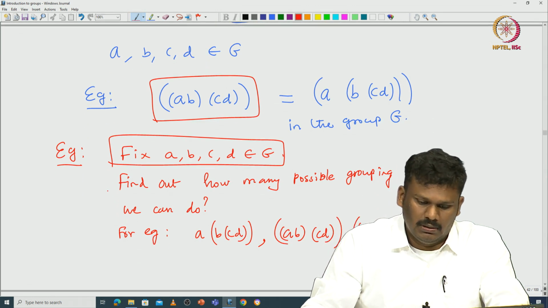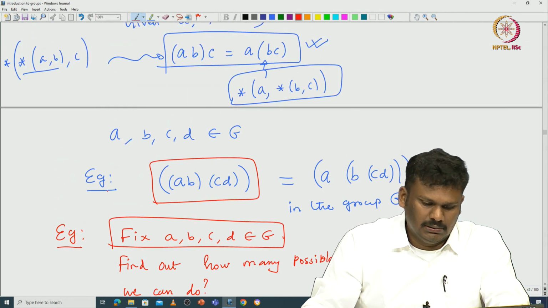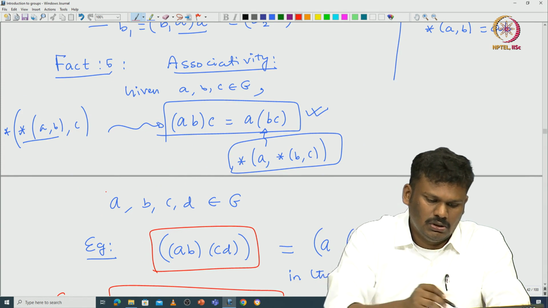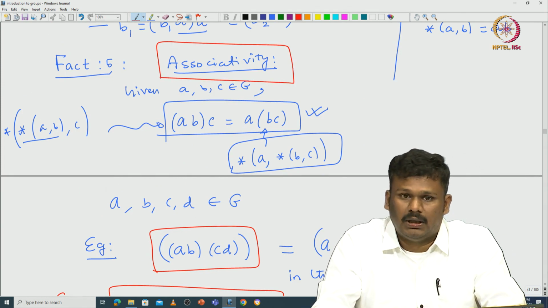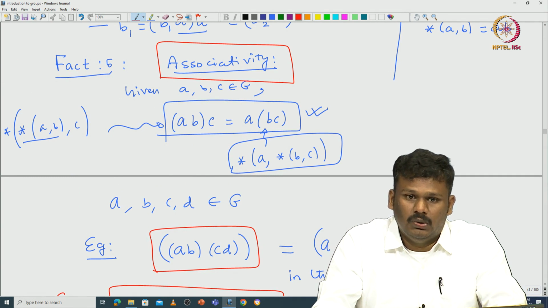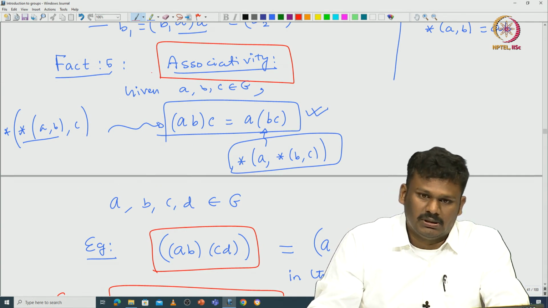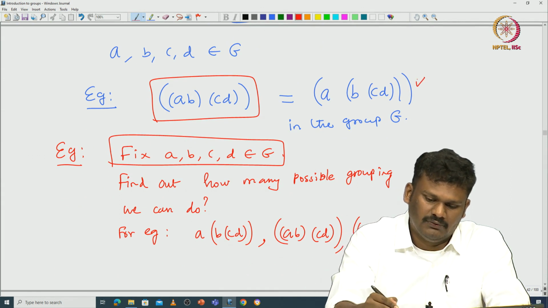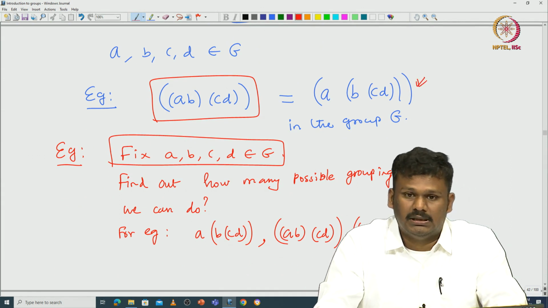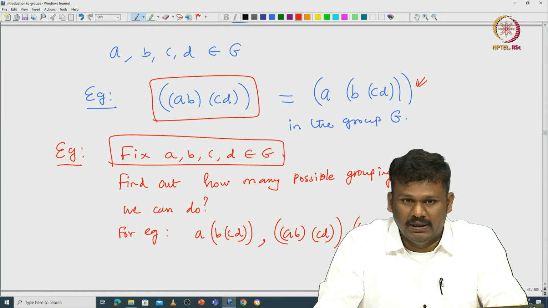You may think about it. But what is interesting, the fact is, once you assume associativity, you can convince yourself that these two elements, for example, will be the same inside the group. It doesn't matter the order in which you group the elements.